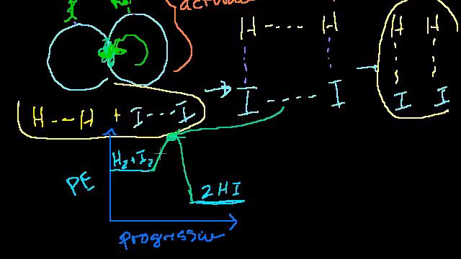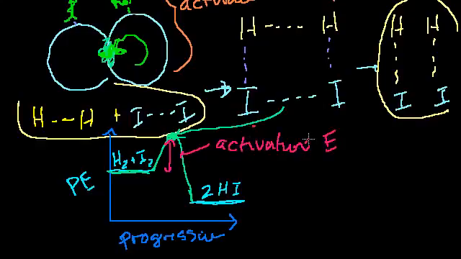Right? So this is when we are at this thing right here. Some energy has to be in the system, and the difference between the energy we were at when we were just hydrogen molecules and iodine molecules, and the energy we have to get to this activated state, this distance right here, this is the activation energy. If we're able to somehow put enough energy in the system, then this thing will happen. They'll collide with enough energy, and bonds will be broken and reformed.